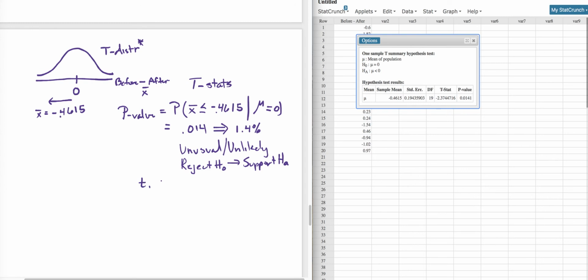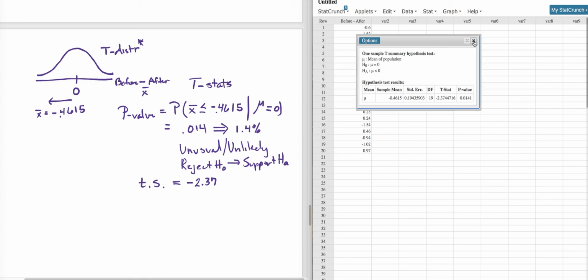Further confirmation of that is that our test statistic, negative 2.37, has us really very far from center, right? More than 2 standard deviations off to the left. So again, this far from center goes along with a very tiny p-value, causing us to reject our null hypothesis and support our alternate.